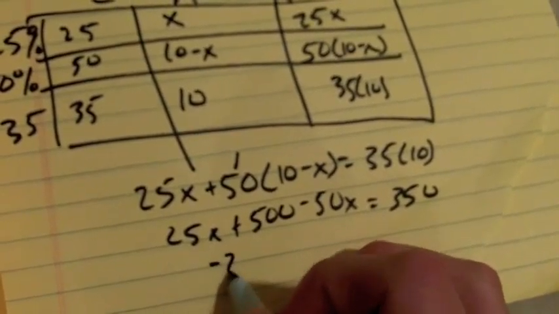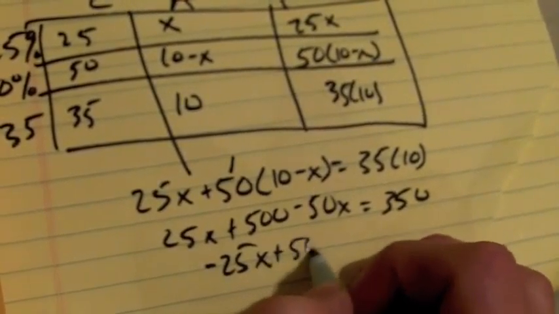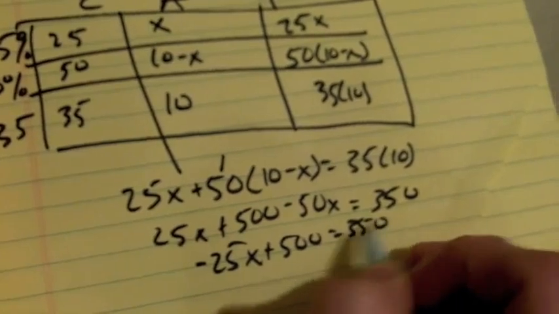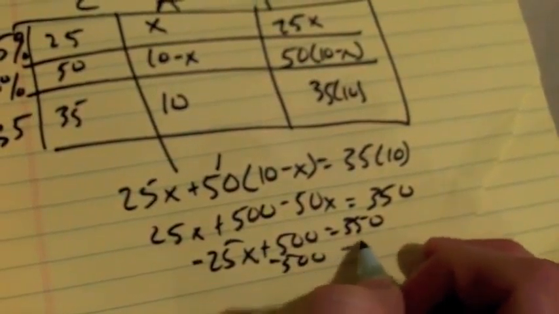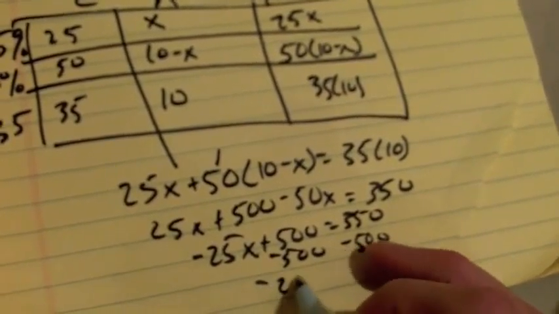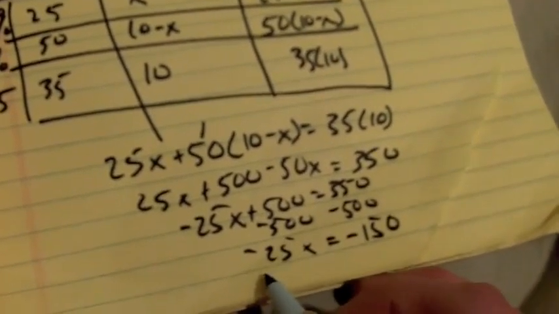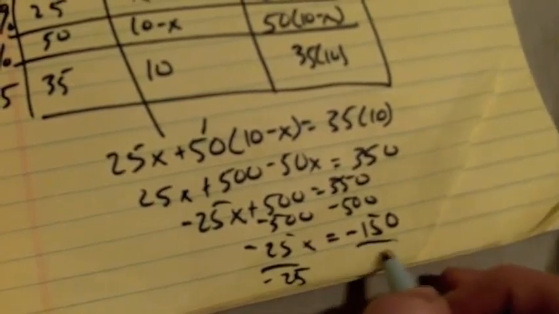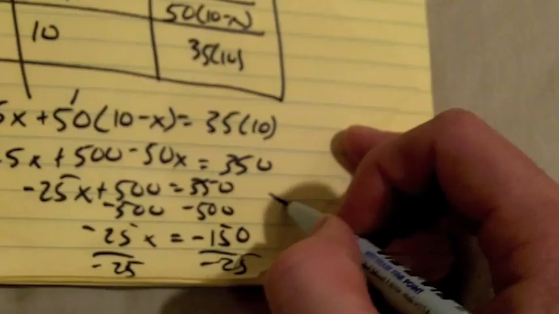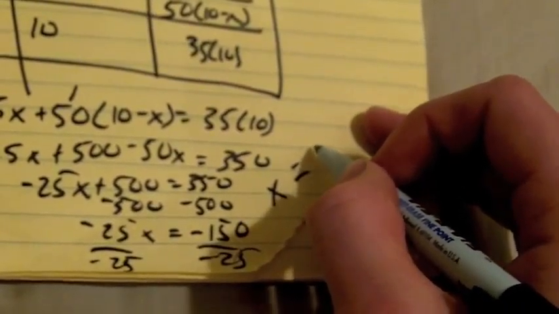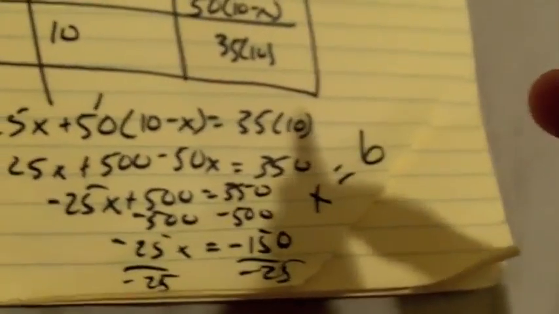Negative 25x plus 500 equals 350. Subtract 500 from both sides. Negative 25x equals negative 150. Divided by negative 25. Divided by negative 25. And we're going to get that x equals 6.